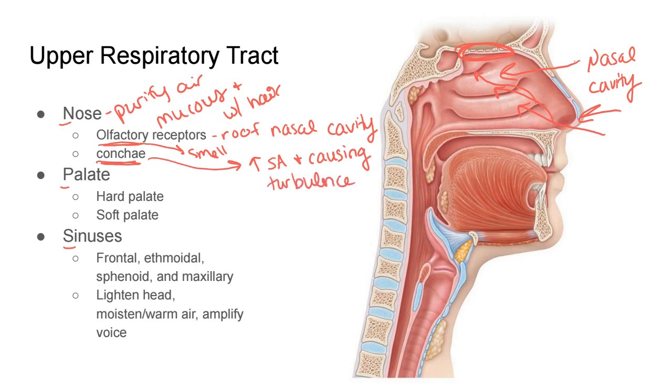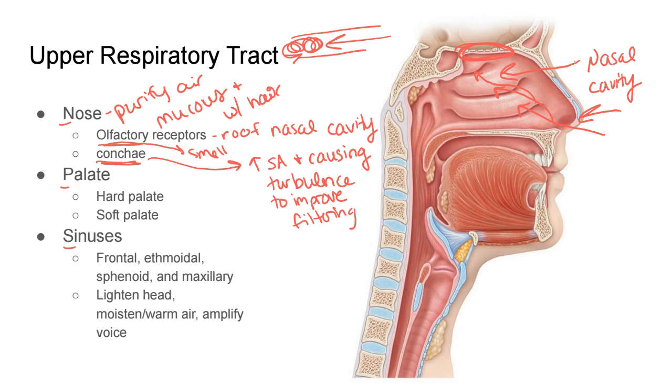They make it so that more of the air is going to come in contact with the mucus and the hairs to improve filtering. So as you breathe in, instead of the air just moving straight through a tunnel, they'll make the air swirl around, and so more of it is going to come in contact with the actual nasal cavity for filtering.